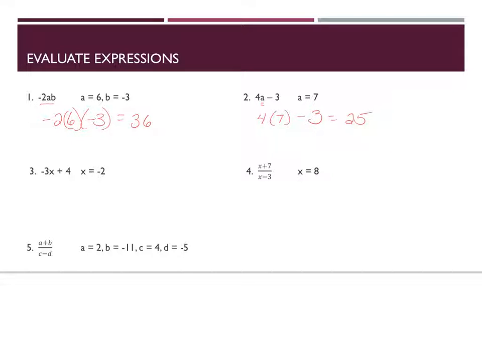If x is negative 2, I'm going to take out the x, substitute negative 2, and perform the order of operations by hand or on the calculator. And this is 10.